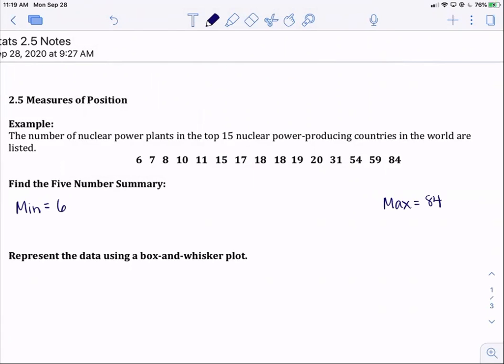And then our 3 numbers to finish this off are Q1, Q2, and Q3. Okay, Q2 is the next thing we're going to find, and that's our median. Our numbers are in order, so we're just going to go through, cross them off, and find our median.